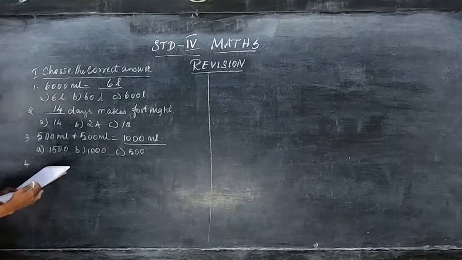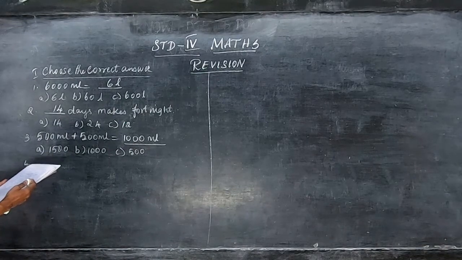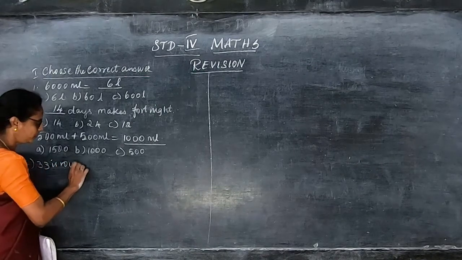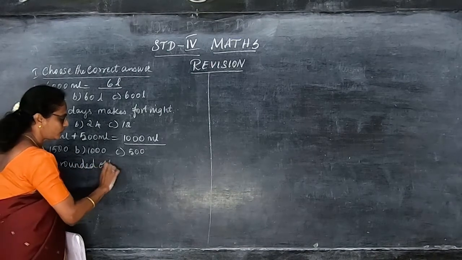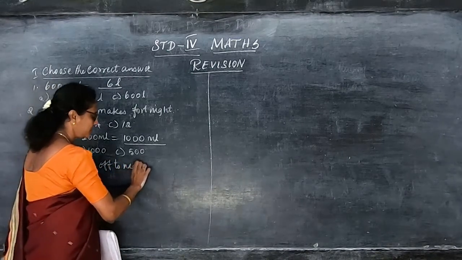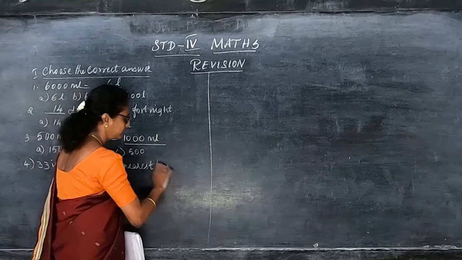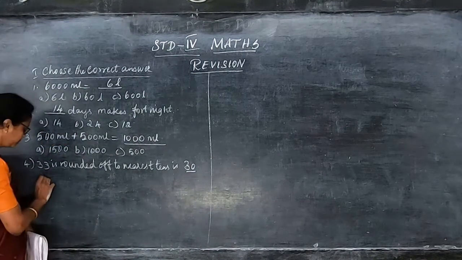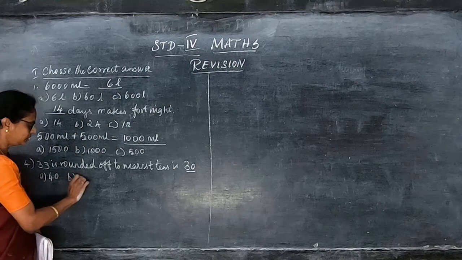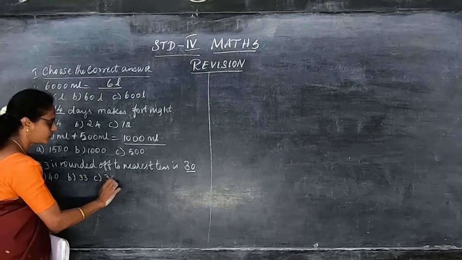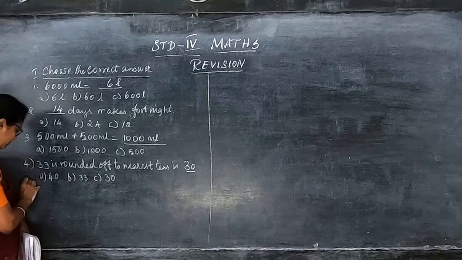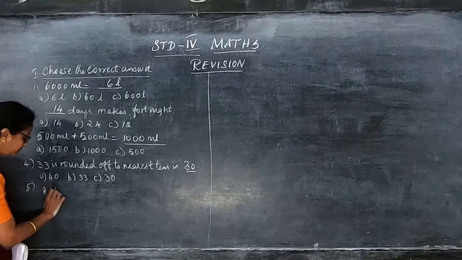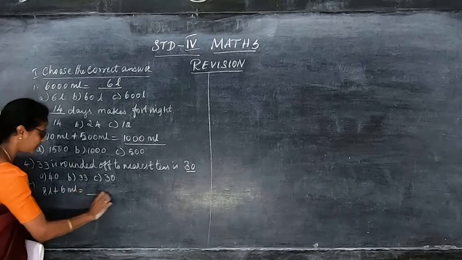And the fourth one, 33 is rounded off to the nearest tens is 30. So you can write 40, 33, 30. Next, 8 liter plus 6 milliliter is equal to dash.